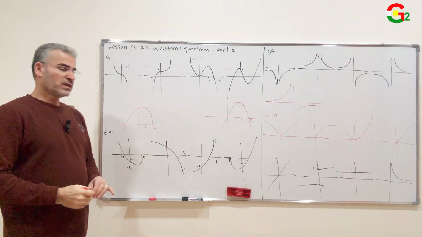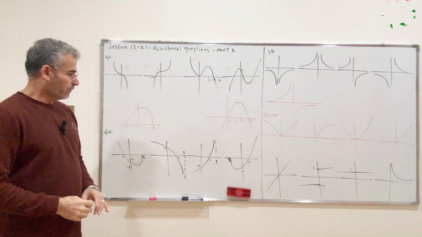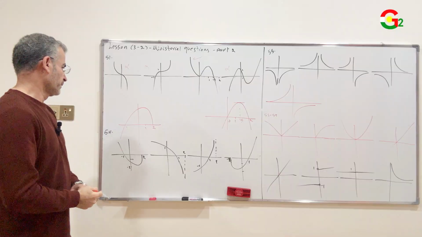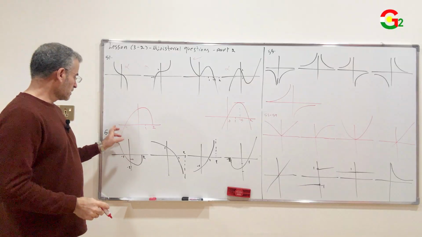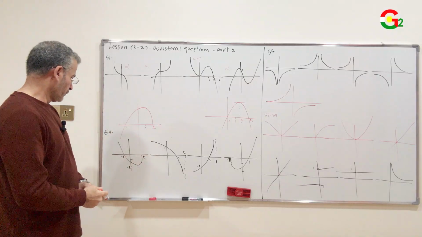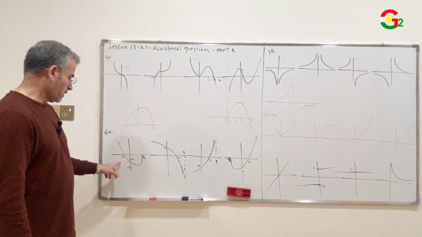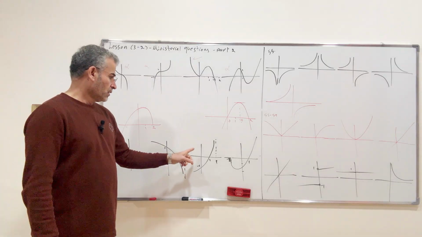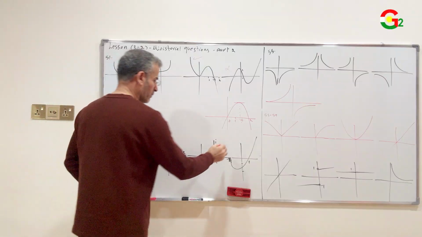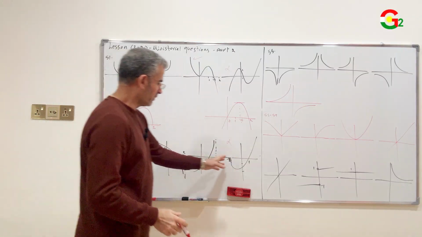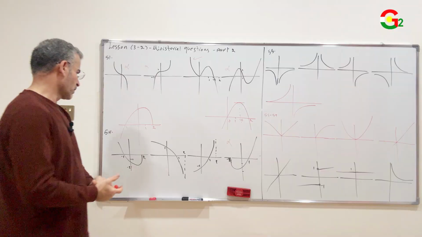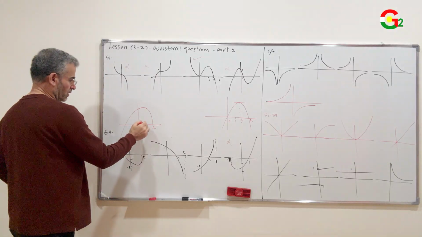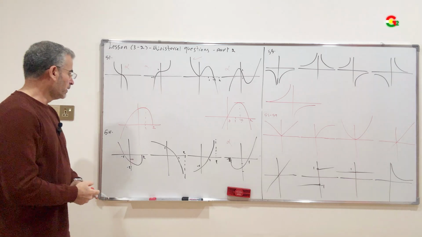Question number 54. Which of the following graphs is the graph of the derivative of this function? The domain of this function is from negative infinity to 2. So this may be the right choice. Also, this may be the right choice. Also, this one may be the right choice, but this one is from negative 2 to infinity. It is the wrong choice. Now, the graph is increasing from negative infinity to 1.